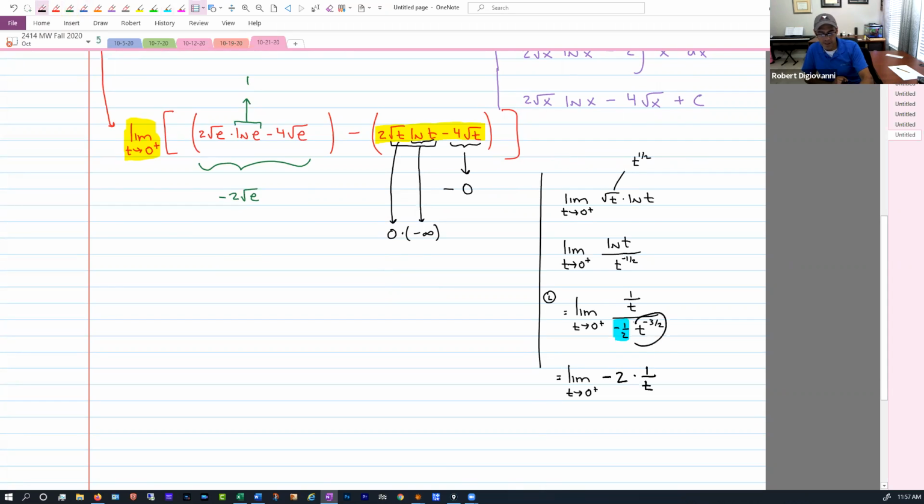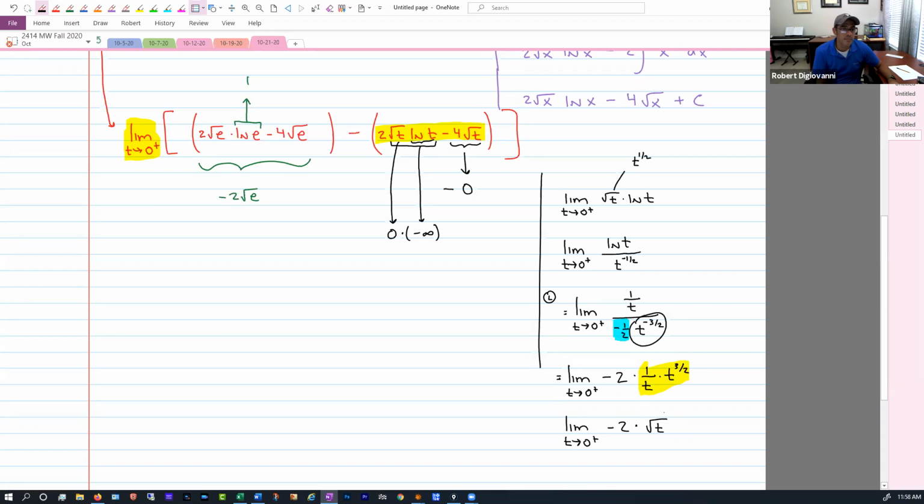And I'm going to bring this t to the negative 3/2 up to the top as a t to the positive 3/2. That allows me to combine these two together. So that gets me the limit as t approaches 0 from the right of negative 2 times t to the half, which is the same as the square root of t.